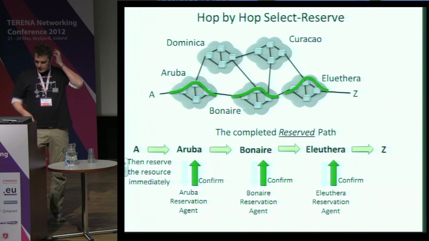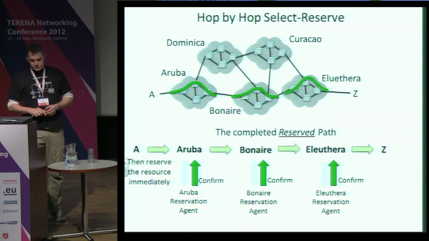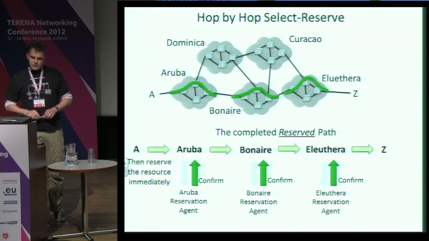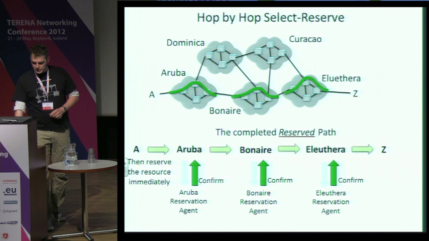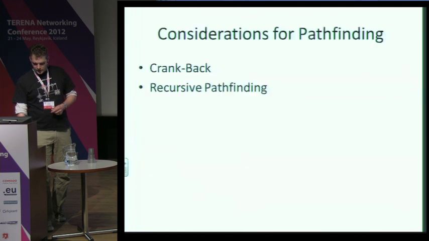This is a slightly different approach. Both are supported by the NSI protocol. I'm not completely sure whether the current implementations support both of them, but these are two different uses that can happen.